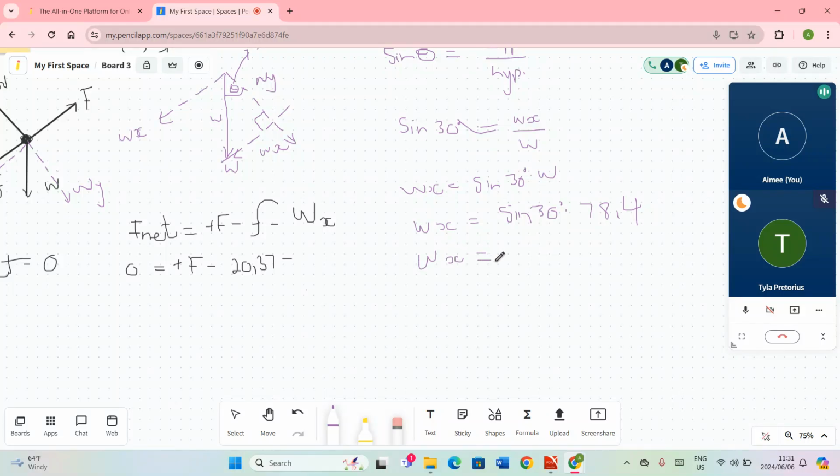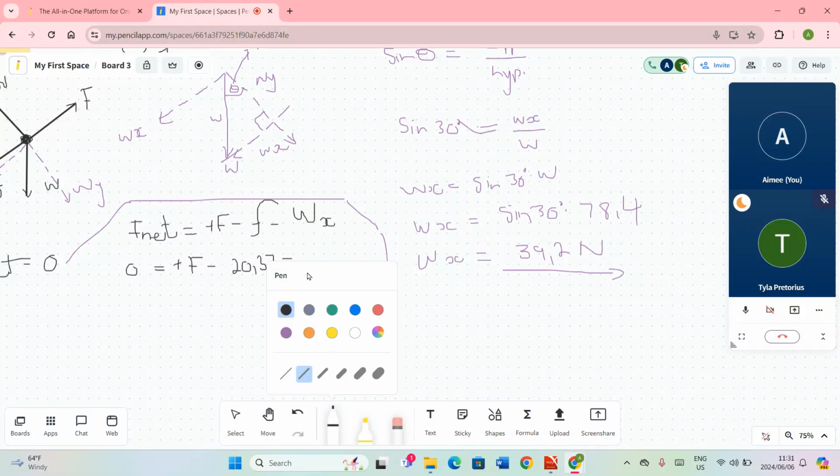So you say sine 30 multiplied by 78.4 gives us a value of 39.2 newtons. And now we can substitute this answer into this overall equation that we started working with. So minus 39.2. Okay, and now we solve.